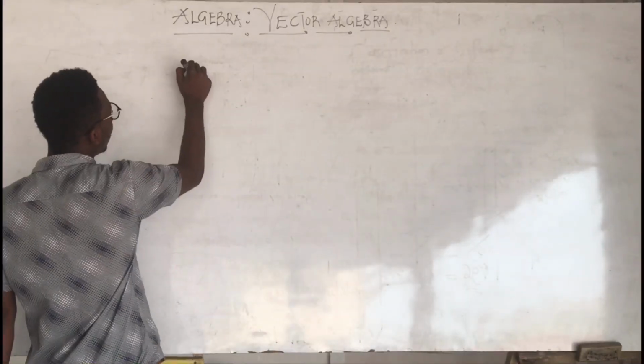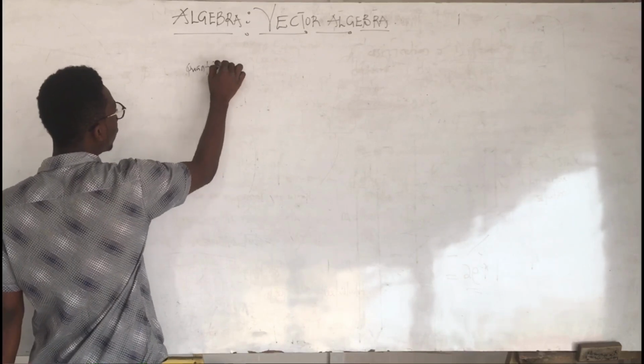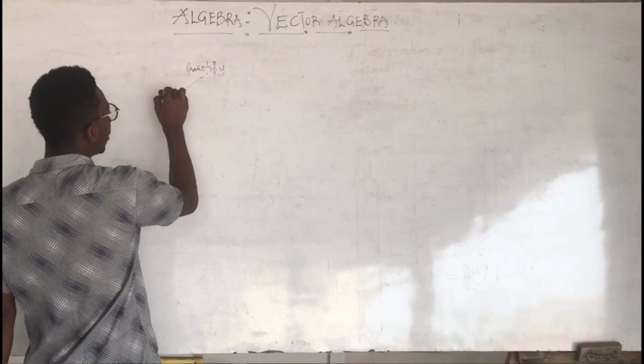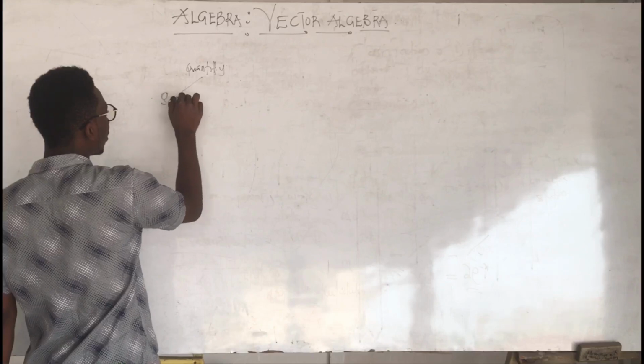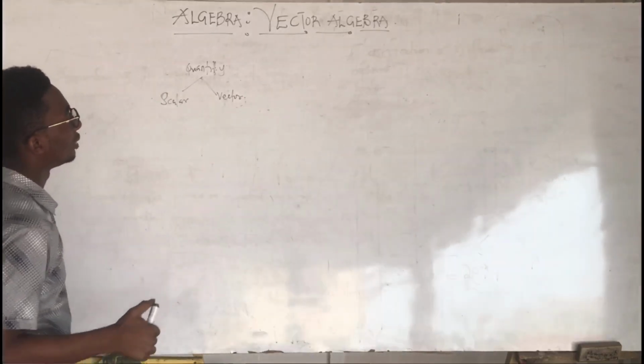Now, in terms of quantities, we have two of them. Anytime you see a quantity, you have two. You either have a scalar quantity, or you have what? A vector quantity.